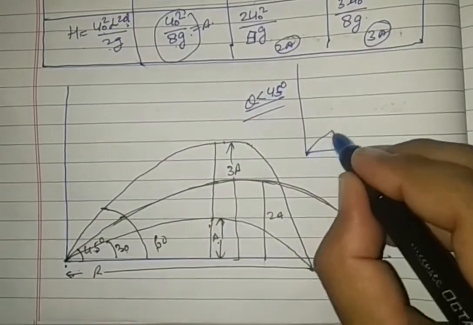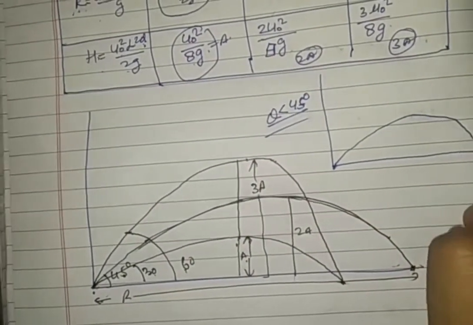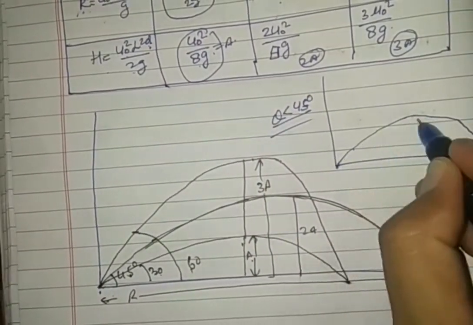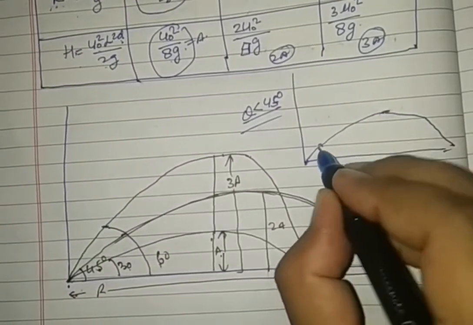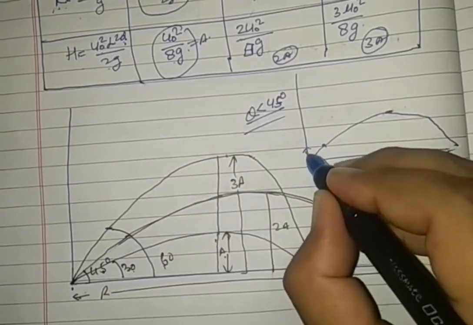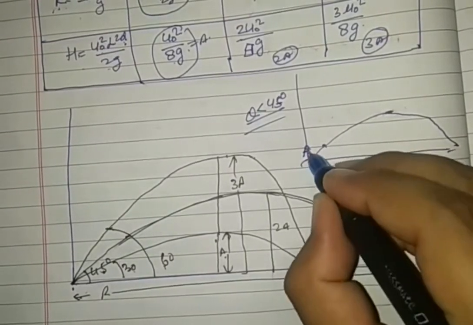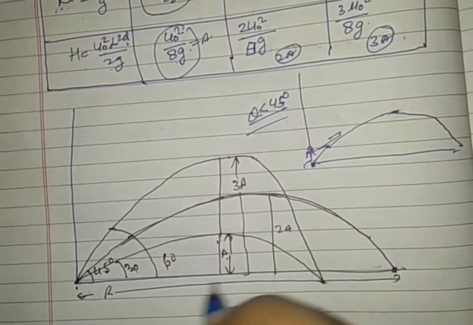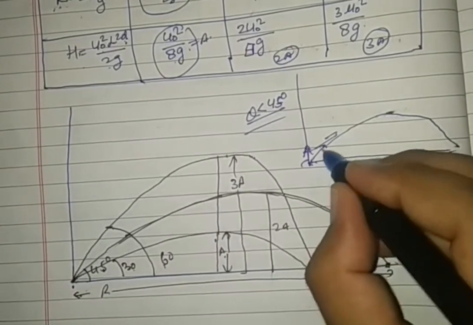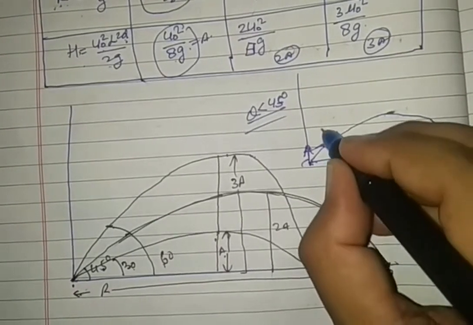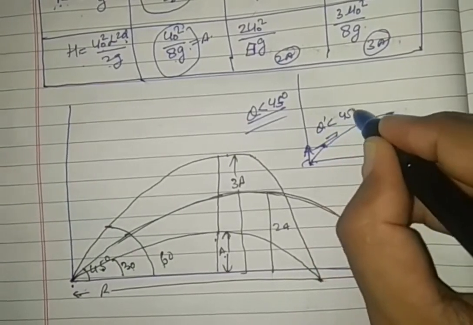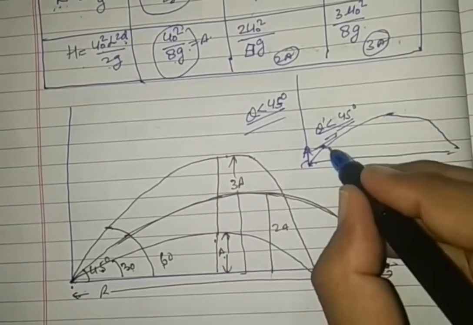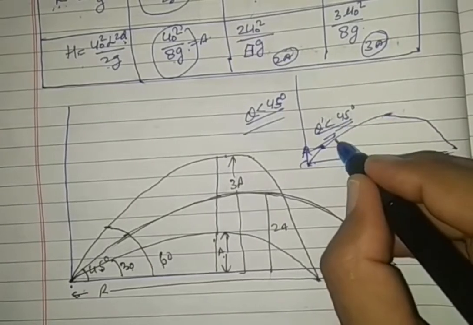Because a javelin thrower throws from a certain height above the ground, the angle of projection decreases. So the position is just above, and the angle theta dash becomes a little less than 45.